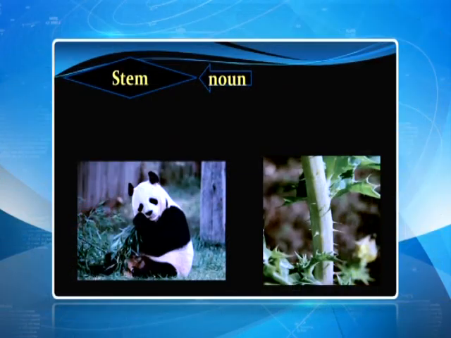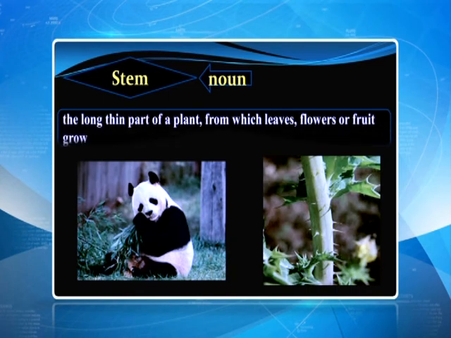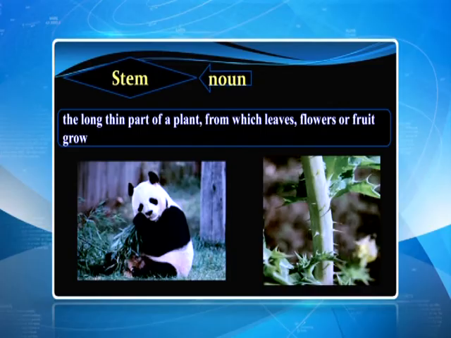So what do you think stem means? As you see, the panda here, in the second picture, is eating the plant, especially the stem. So, let's see. The long, thin part of a plant from which leaves, flowers, or fruit grow.